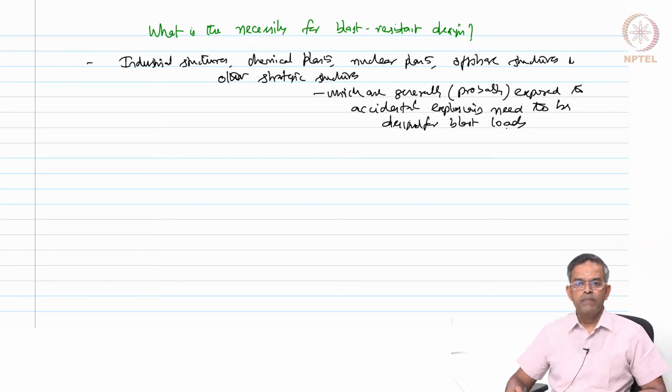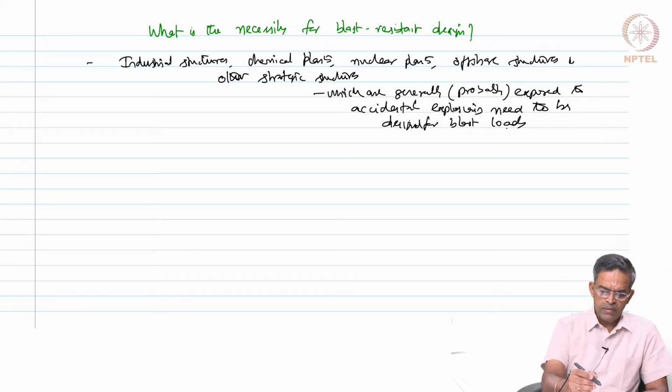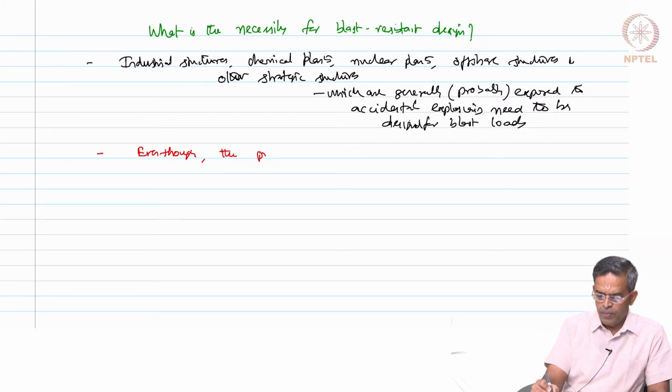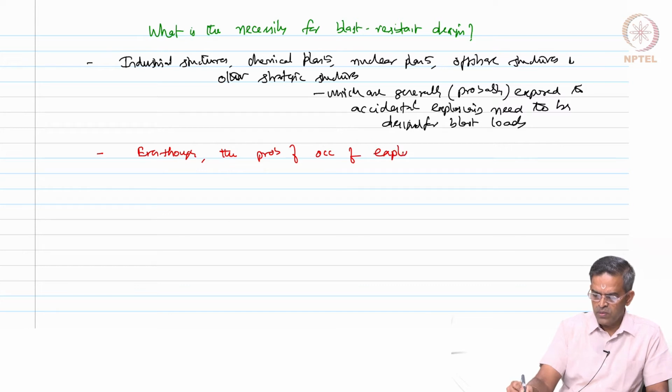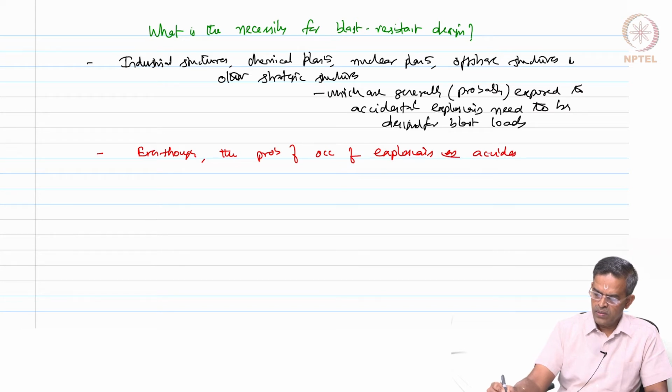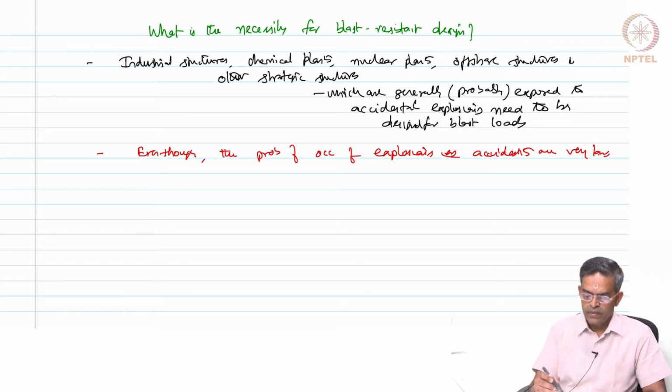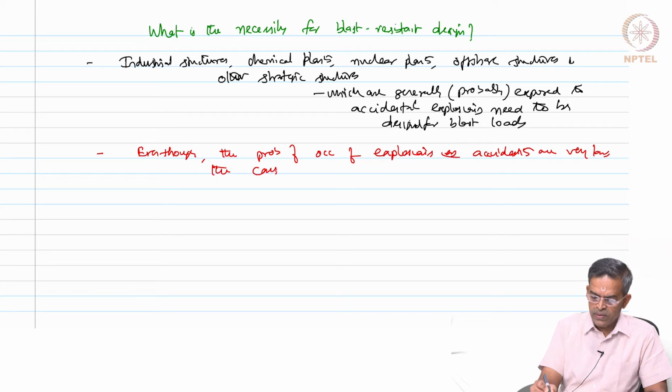One may ask a question, what is the probability of these blasts or explosions happening? That is a good question. So, let me answer this. Even though the probability of occurrence of explosions or accidents is very low, the consequences are severe.